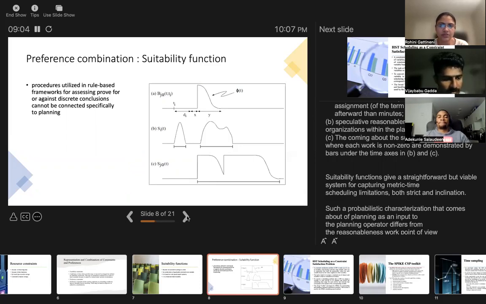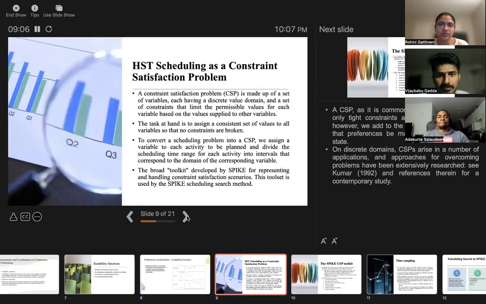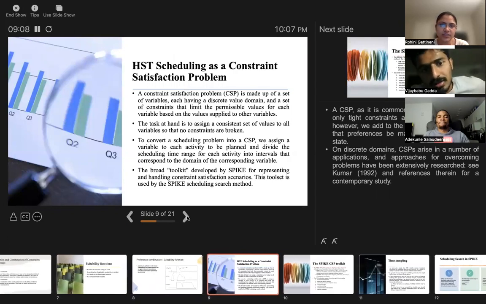Thank you, Vijay. Now let us look into the HST scheduling as a constraint satisfaction problem. A CSP is made up of a set of variables, each having a discrete value domain, and a set of constraints, and the task at hand is to assign a set of values to all the variables where no constraints are broken.